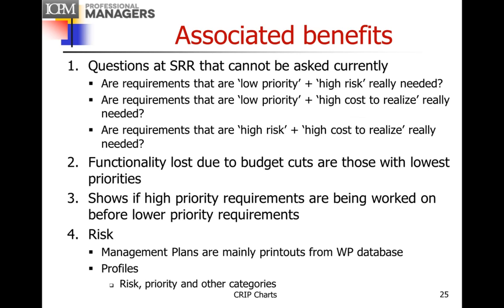And similarly, risk. Risk management plans are mainly printouts from the work package database because we've got all the risk information in there, tagged to the requirements and tagged to the work. And we can produce profiles: risk profiles, priority profiles, and profiles for other categories. You cannot do any of this in the current paradigm.